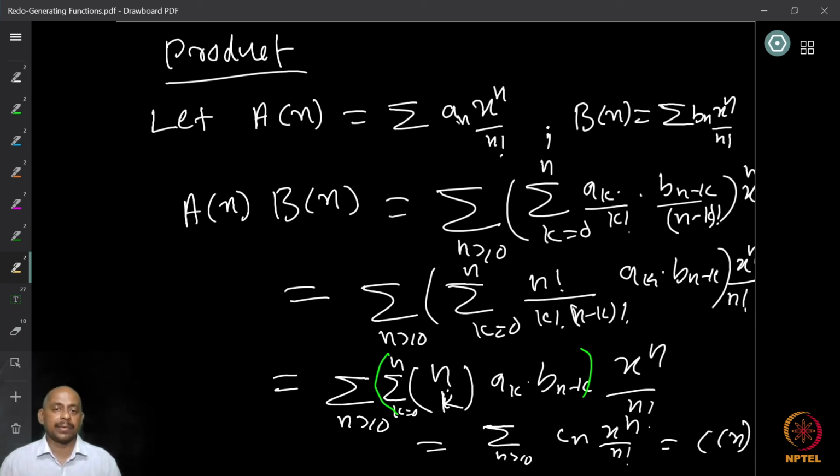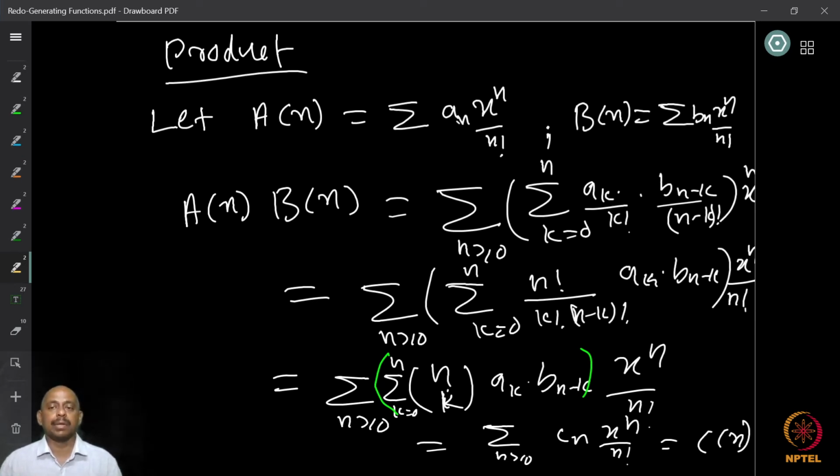So the product A(x) times B(x) can be defined as follows. It is equal to the summation over n greater than or equal to 0, summation k equal to 0 to n, of a_k by k factorial into b_(n-k) by (n-k) factorial, and that is the coefficient of x^n.